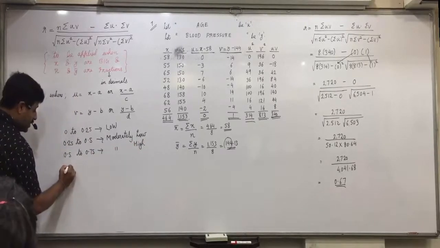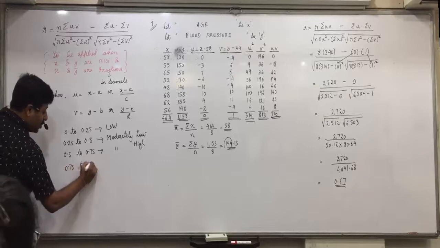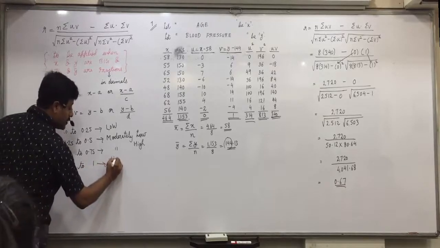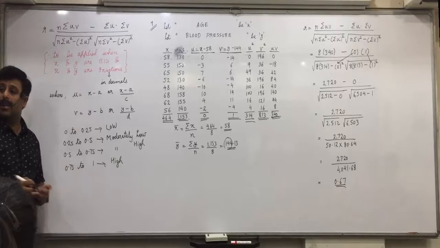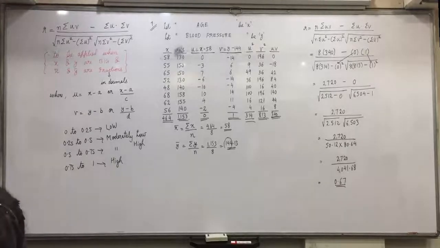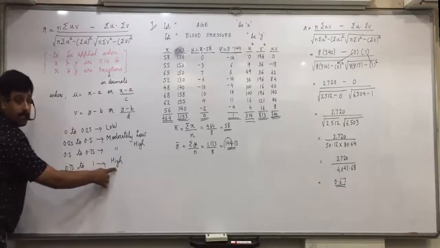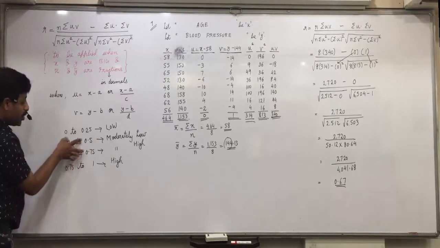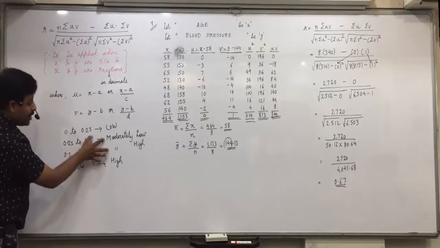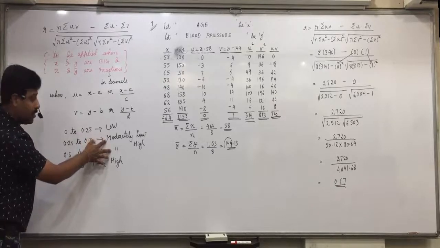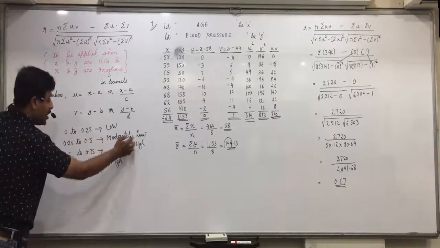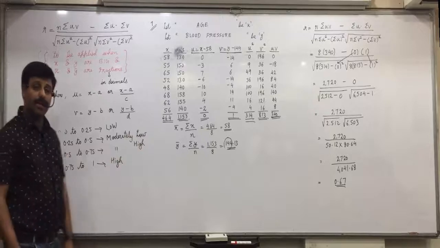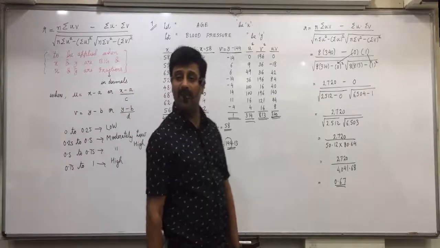And if it comes between 0.75 to 1, then high. Got it or not? Then you insert the word moderately. Okay, on the lower side you say moderately low, on the higher side you say moderately high. So these rules you can follow.